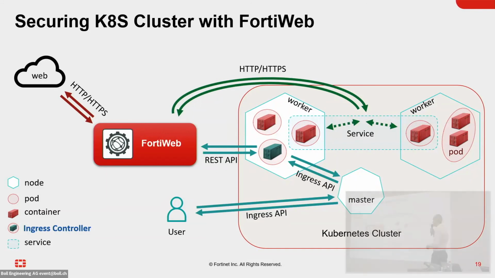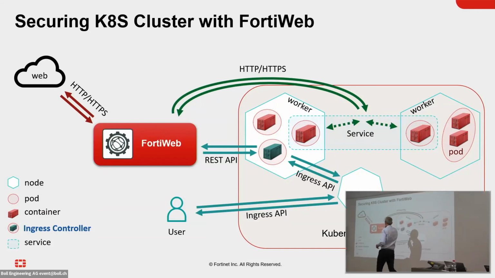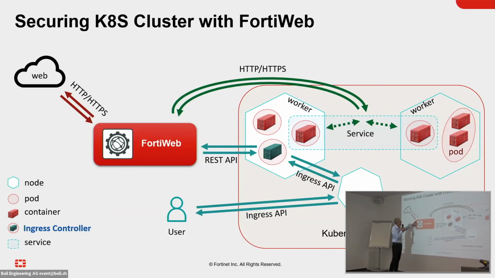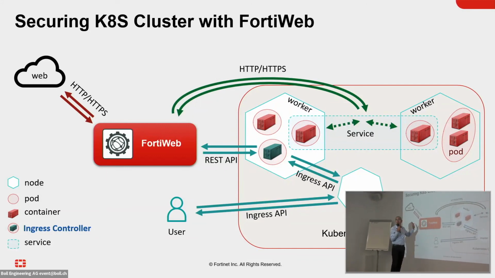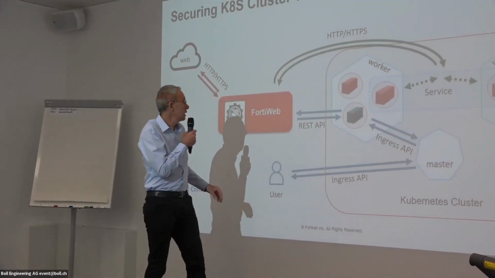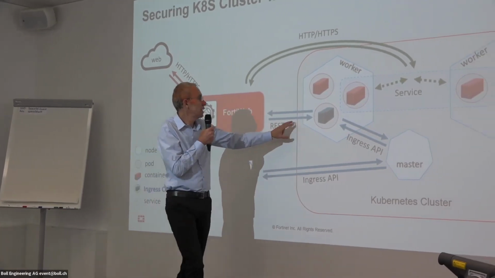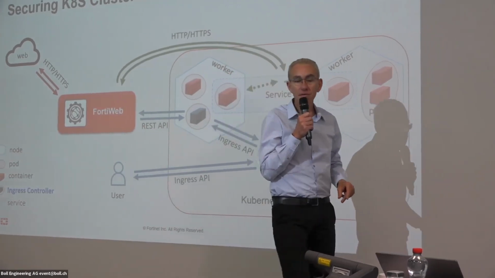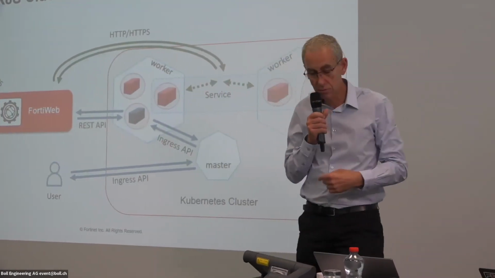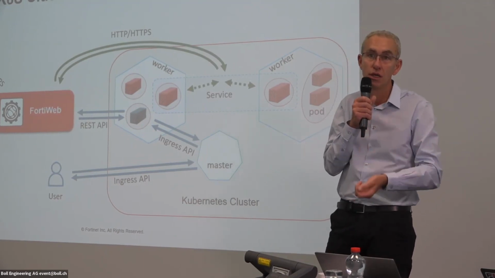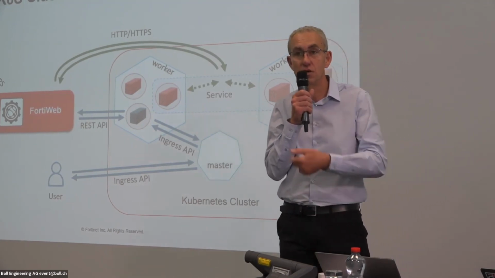So FortiWeb comes with a container edition, as you see, and we use FortiWeb as obviously the filtering solution between your pods and your container Kubernetes cluster. And we use it through REST APIs to secure the worker nodes. So we have this default solution that is also available through deployment scripts.